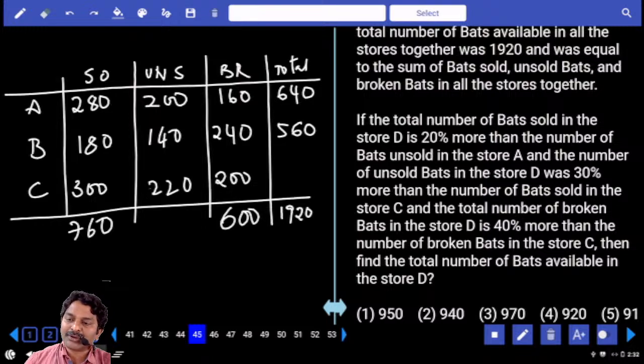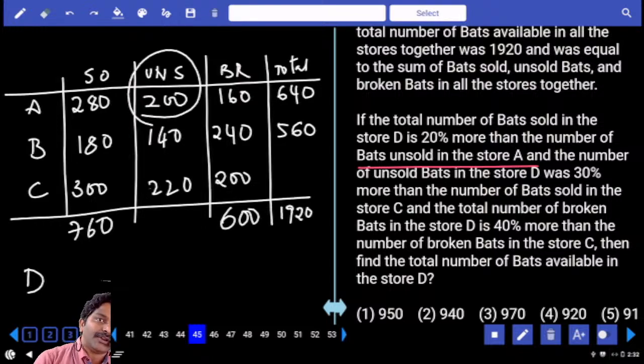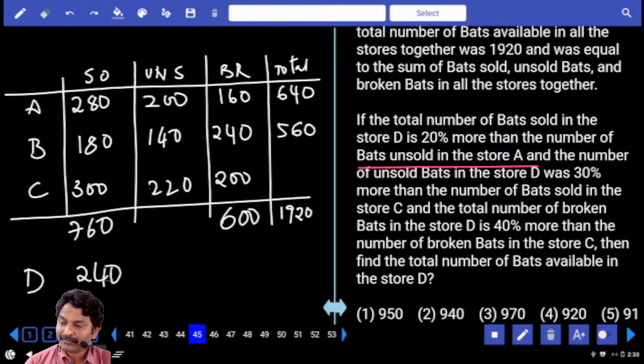The total number of bats in store D, they are talking about store D. Sold in store D is 20% more than number of bats unsold in store A. Unsold in store A, 200. 20% more, 40 more, 240.